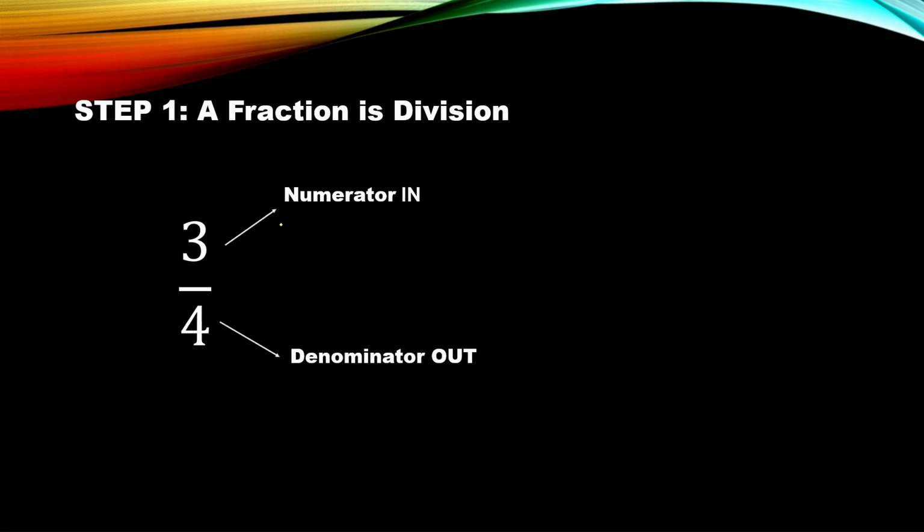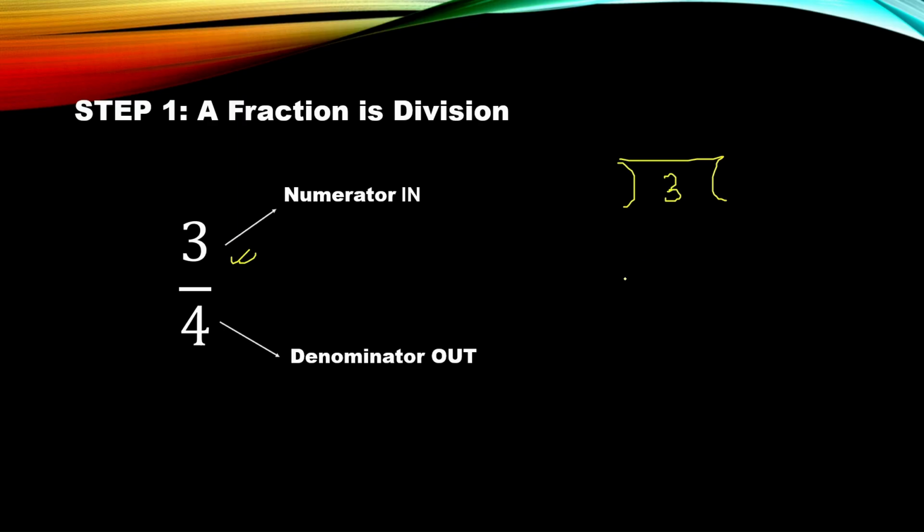Now we are going to study a different method of converting a fraction to a decimal. The single most important concept to remember is this: a fraction is just a division problem which is waiting to happen. So a fraction like 3 by 4 literally means 3 divided by 4. The numerator, the number on top, always goes inside your division symbol. That means if I want to divide, my 3 will always go inside.